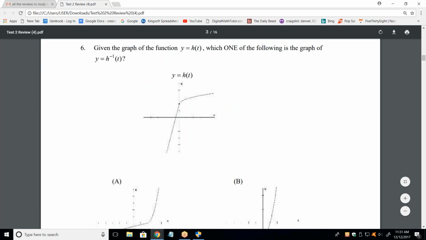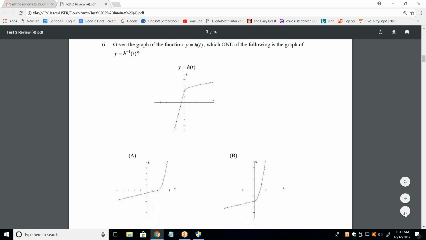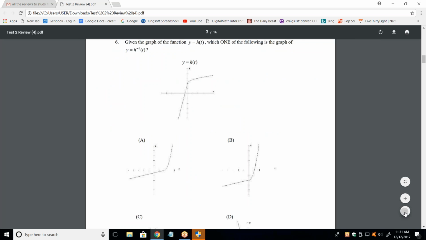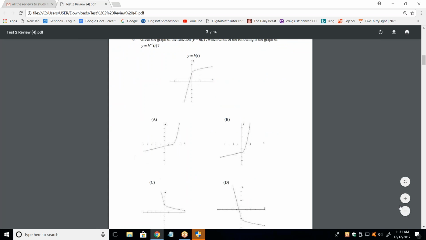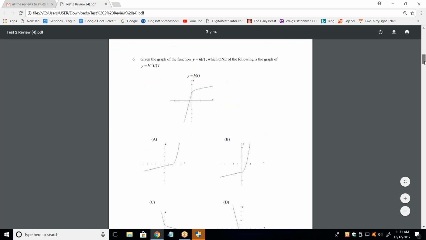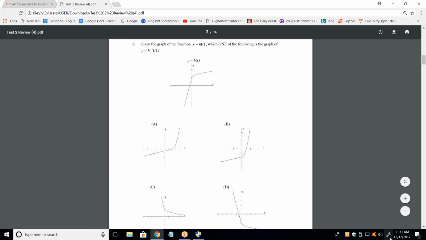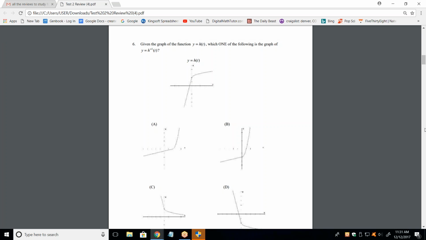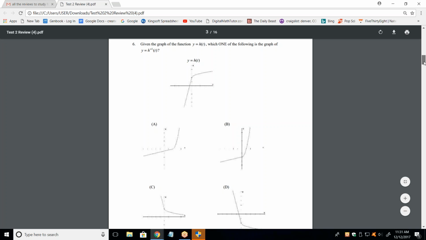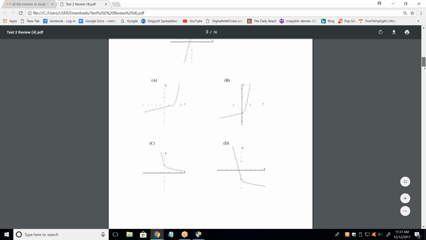I'm going to have to shrink a little bit so we can see all of the answers. Wow, shrink it a lot. All right. Hold on, I'm not sure I shrunk it enough. No, I did.